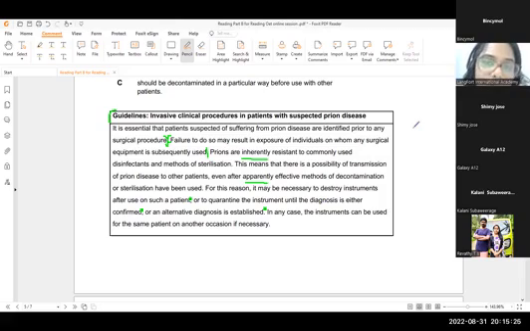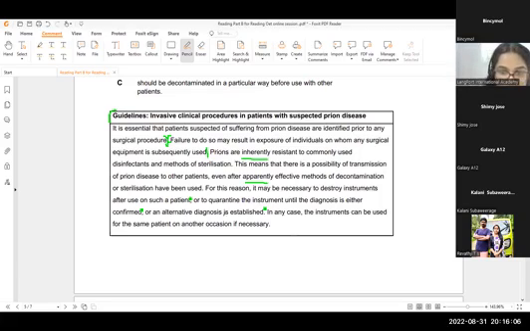As a result, you can destroy the instruments after using them on such a patient, or you can keep the equipments in quarantine and wait for the diagnosis to be confirmed, or until another diagnosis other than prion disease is made. And whatever the case, you can use this equipment on that same patient on another occasion, but not for any other patient.